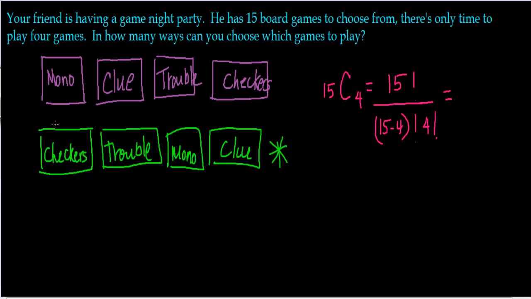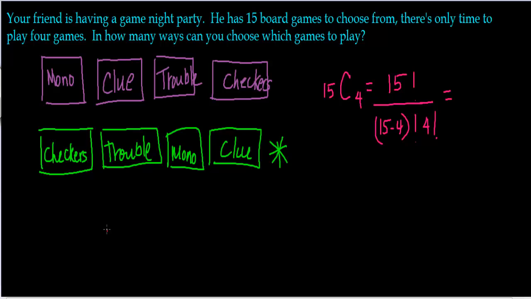So how many different ways can I choose? Well, there are a lot of ways. This arrangement exists, and this one also counts as different from the other because the games are not going to be played in the same order.